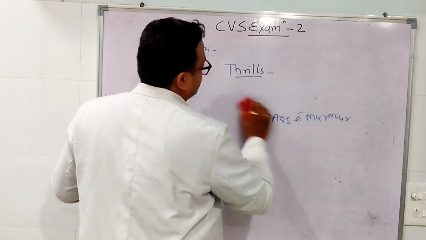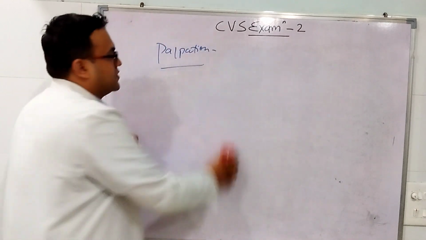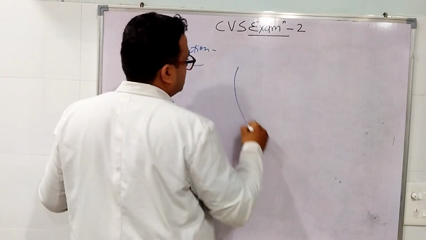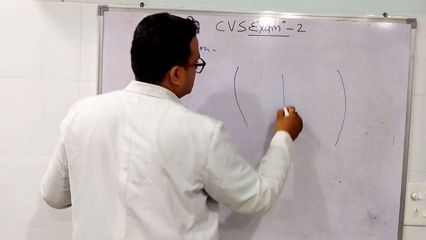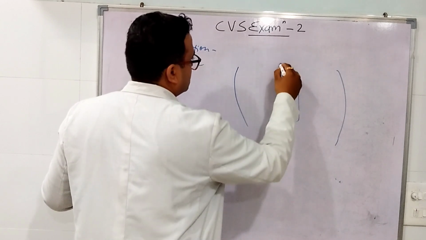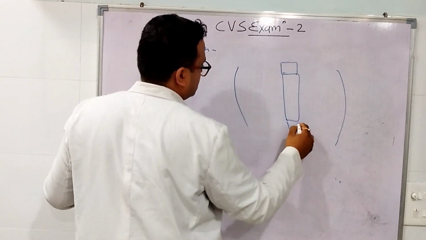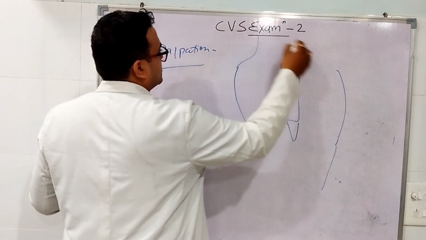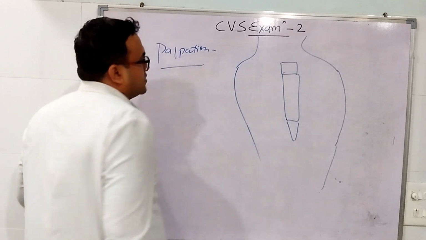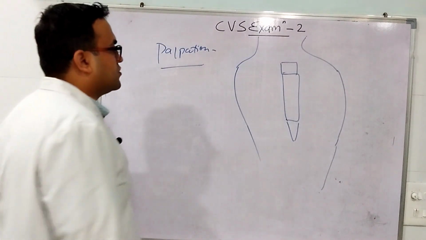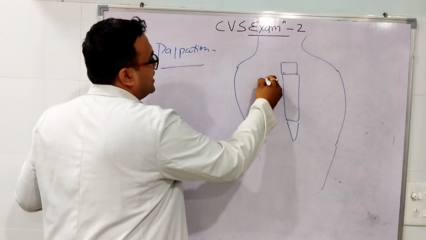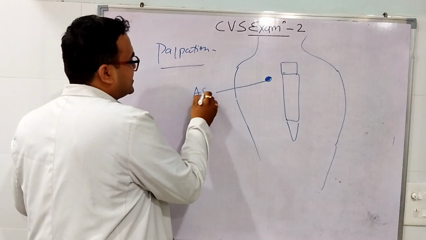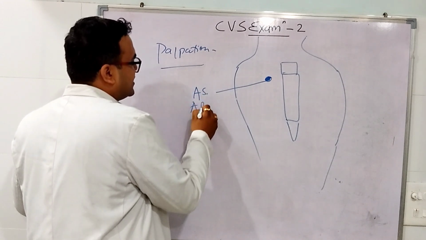Now coming to the location of thrills. This is the aortic area, and here we will feel the thrill of aortic stenosis and aortic regurgitation.